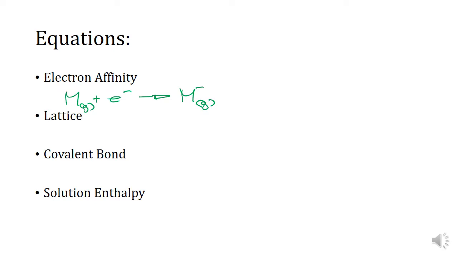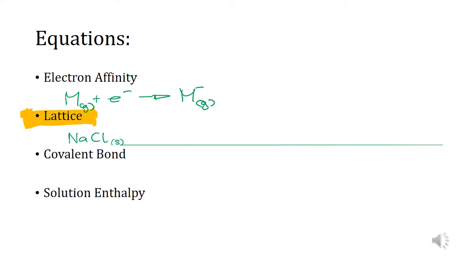Lattice enthalpy is one of the big ones for this topic. Lattice enthalpy is the energy it takes for me to take an ionic lattice, NaCl solid, and split it apart into gaseous sodium and gaseous chloride ions.